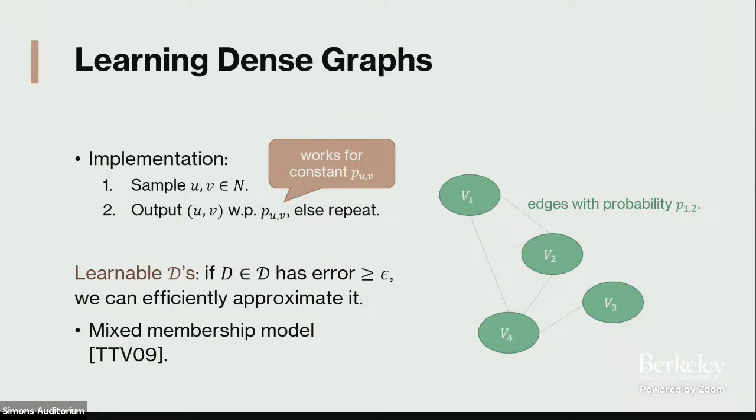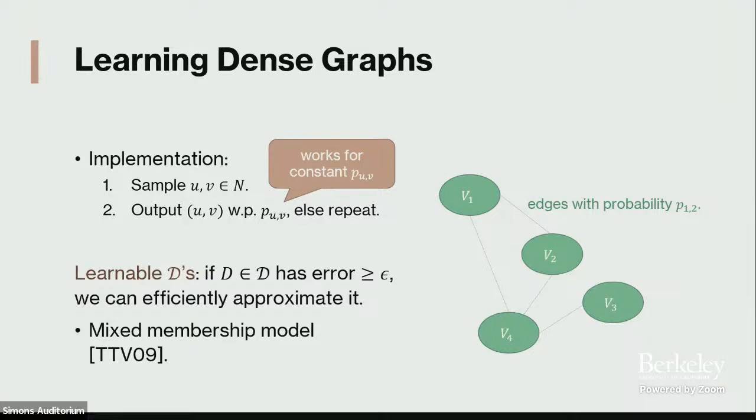The boosting algorithm gives us a mixed membership model. And now PUV is not just P of the part that belongs to U and V, but a sum over all partitions of the boosting algorithm. So this is like the existing work, just with this extra implementation, but this would not work for a sparse graph.